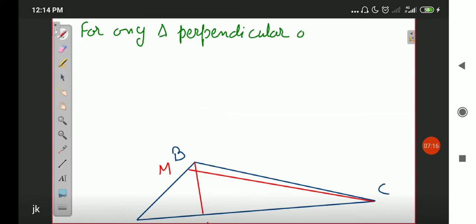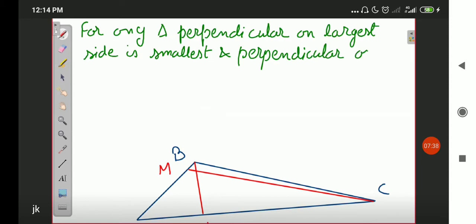Perpendicular on the largest side is smallest, and perpendicular on the smallest side is largest.